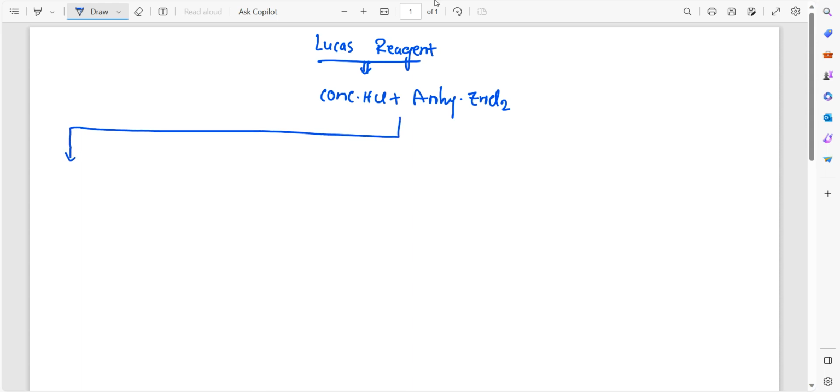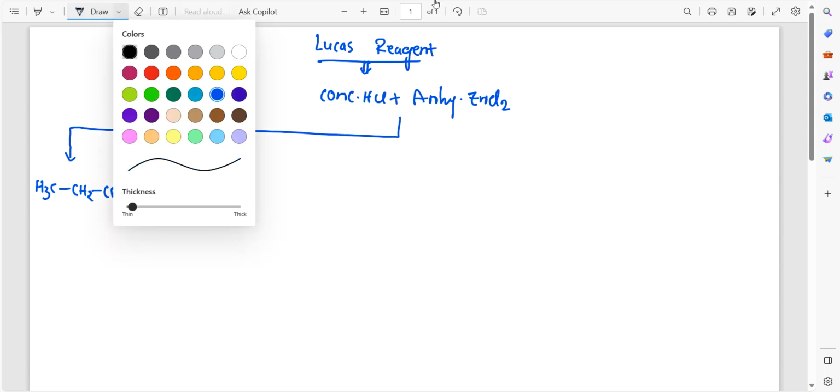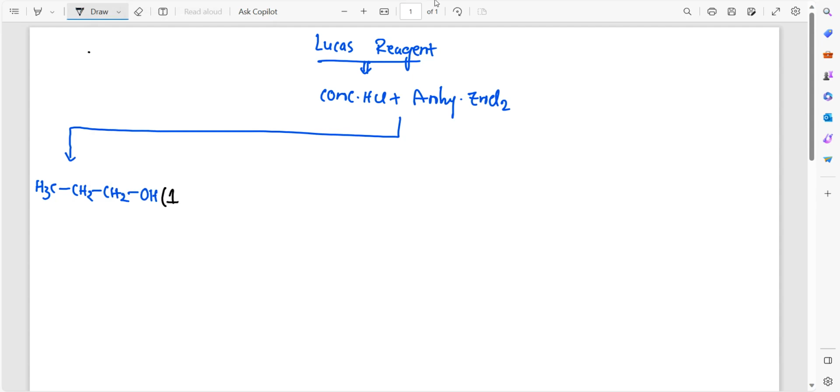When this Lucas reagent is reacted with the primary alcohols, let us take an example of CH3 bond CH2 bond CH2 bond OH. We consider this as the primary alcohol.